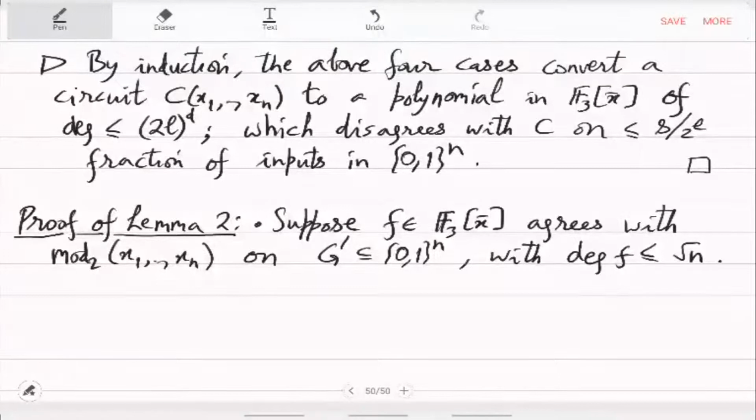So the way we will show it is we'll first change the notation from 0 1 to a sign plus minus 1. That will be very helpful. So transform f to a g as follows.